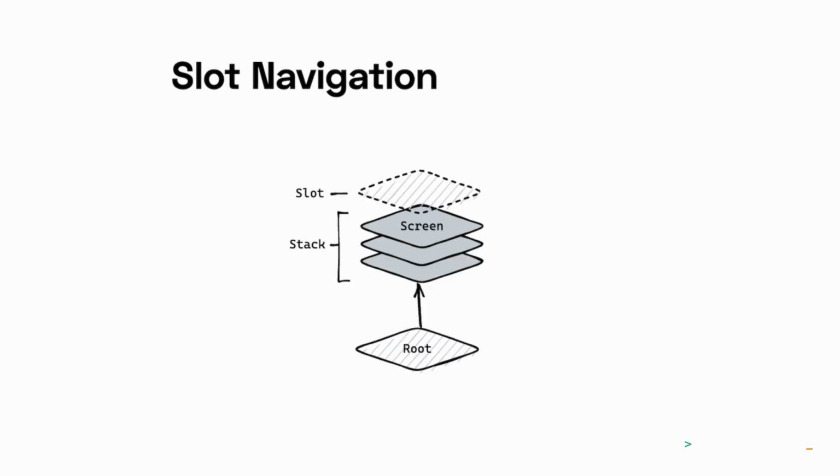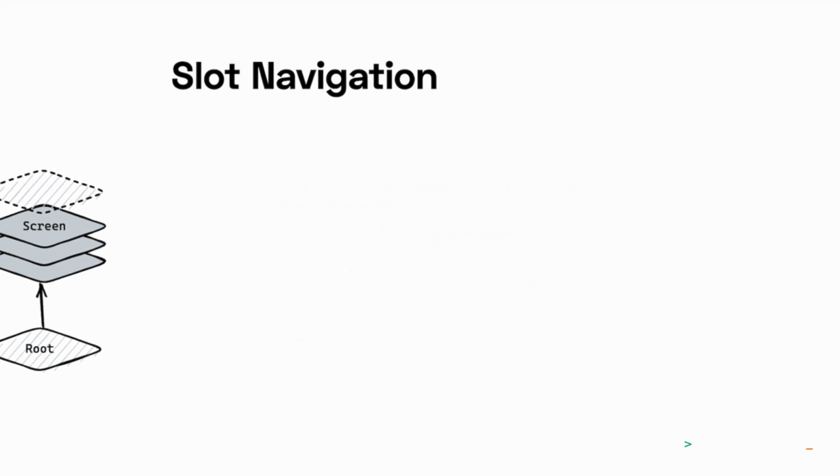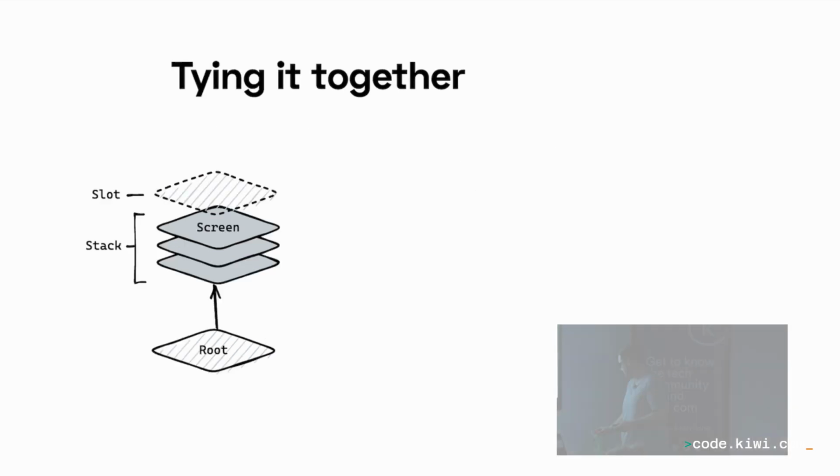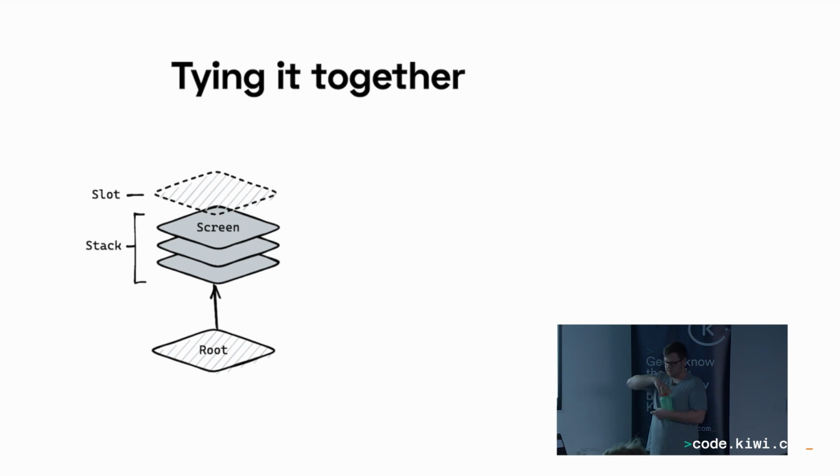The child slot APIs are really the same. Not much to do there apart from activating and dismissing children. Now, how would we connect that to the UI?